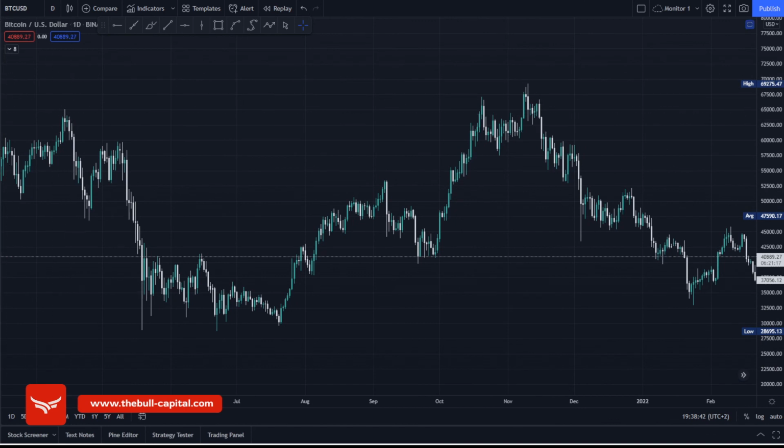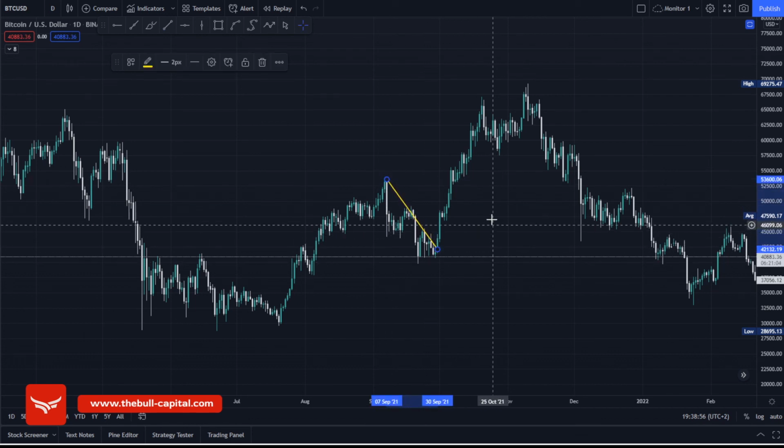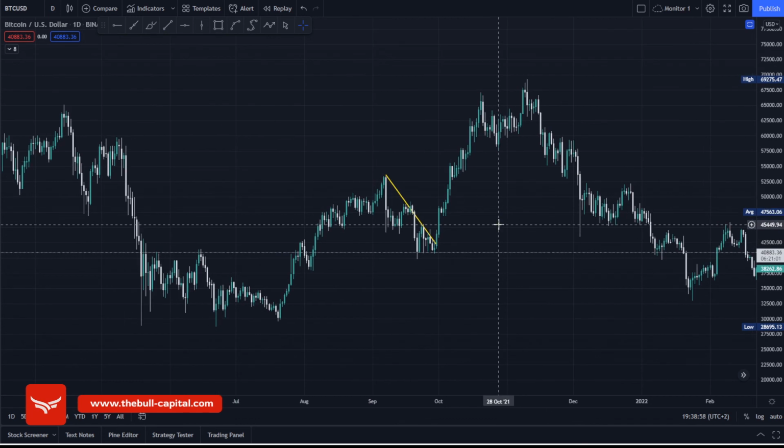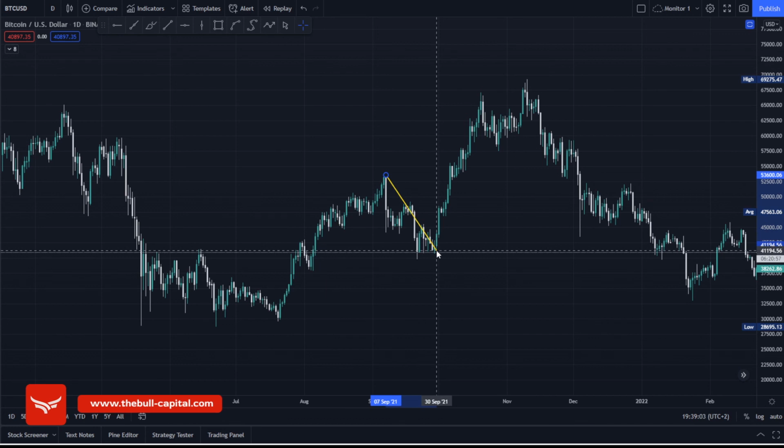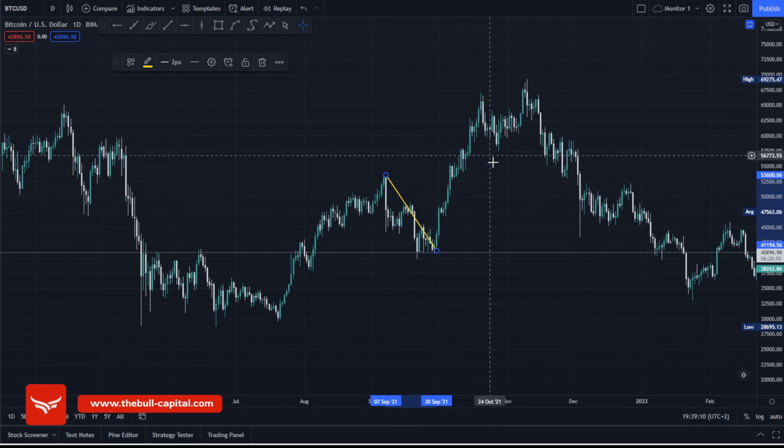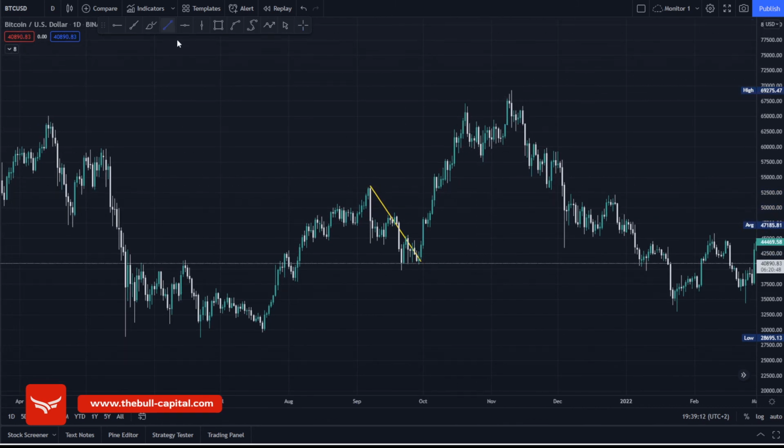So okay, let's take this swing low from here. Here the price stopped and it starts to go lower, so it creates a swing low. Here the price has stopped going lower, and from here it starts going up. So this is a swing high.